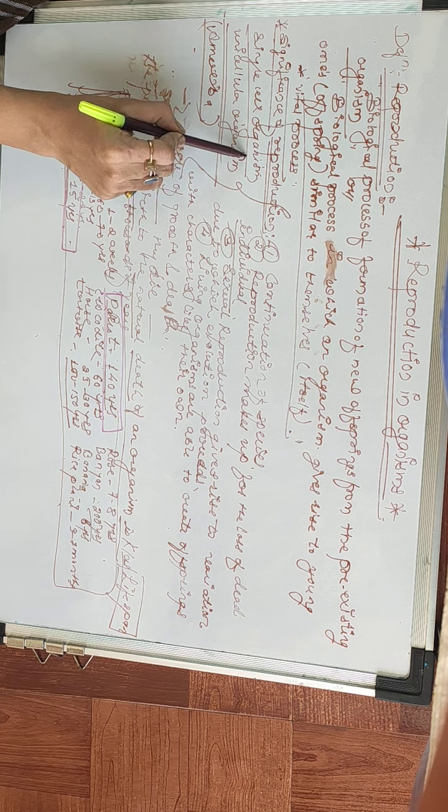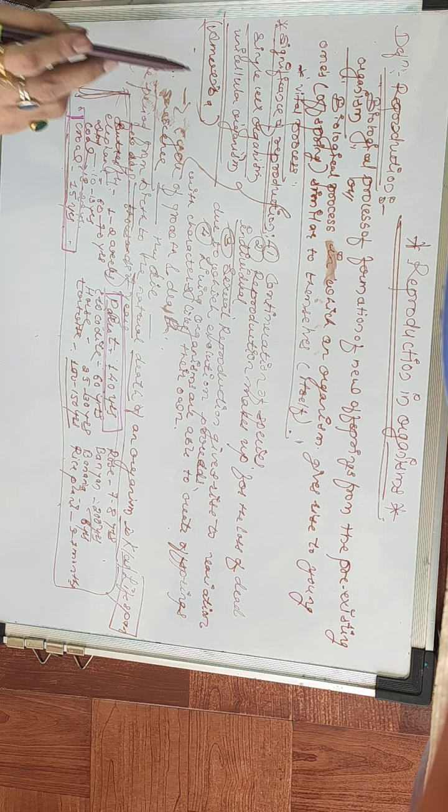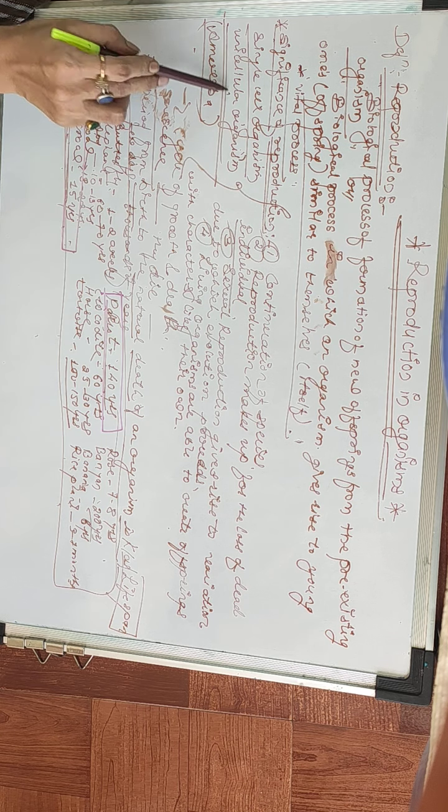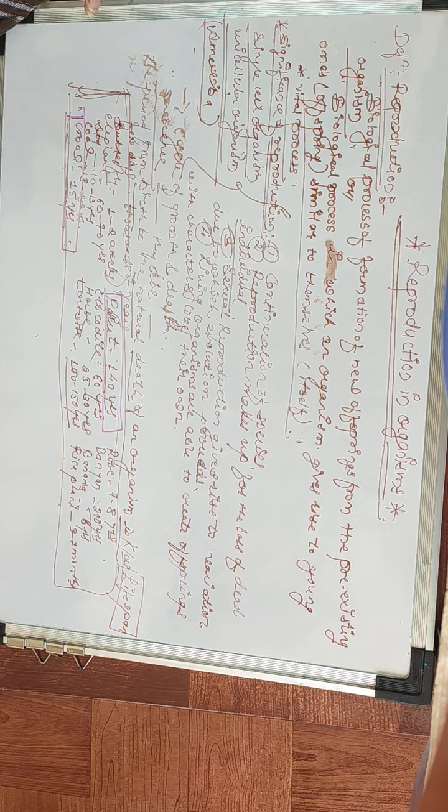Why? Because in the life cycle of a unicellular organism, there is no dead body, because each and every part of that body gets converted into a new organism. The best example of this is amoeba, right?